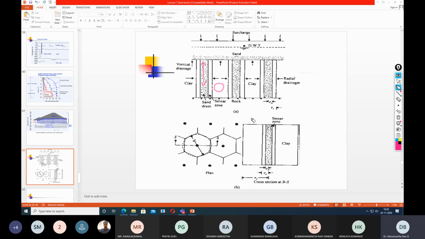Self-consolidation means consolidation because of the soil's own weight, not because of the surcharge load. This may typically be attributed to groundwater influences, because when the groundwater rises and falls, there is a change in the effective stress condition. This triggers consolidation very slowly.